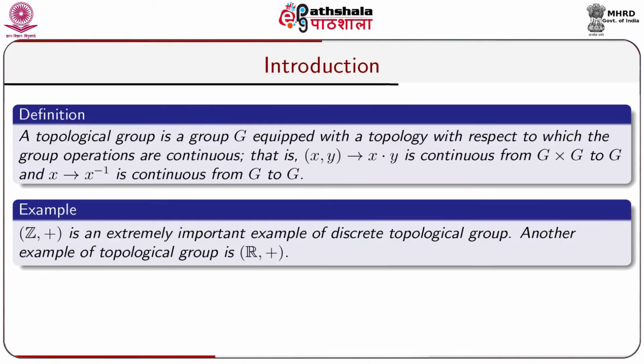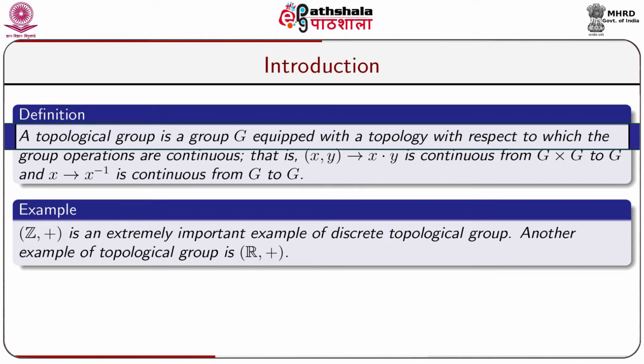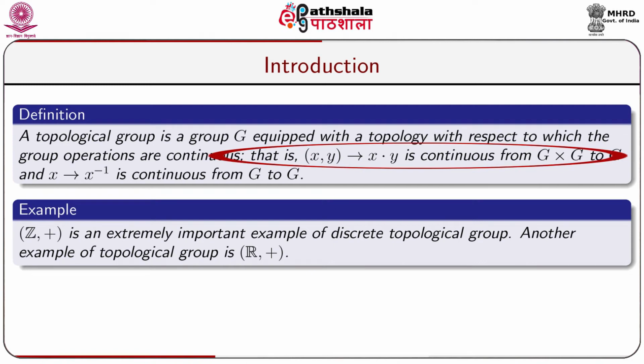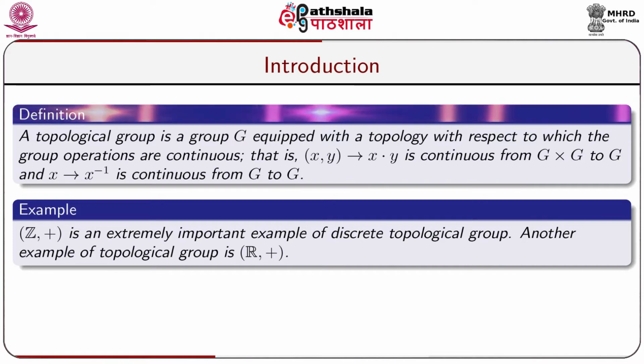As we have discussed in the introductory discussion, let us formally define a topological group. By a topological group, we mean a group G equipped with a topology with respect to which the group operations are continuous. That is, the mapping (x,y) goes to x dot y from G cross G to G is continuous and x goes to x inverse is continuous from G to G.